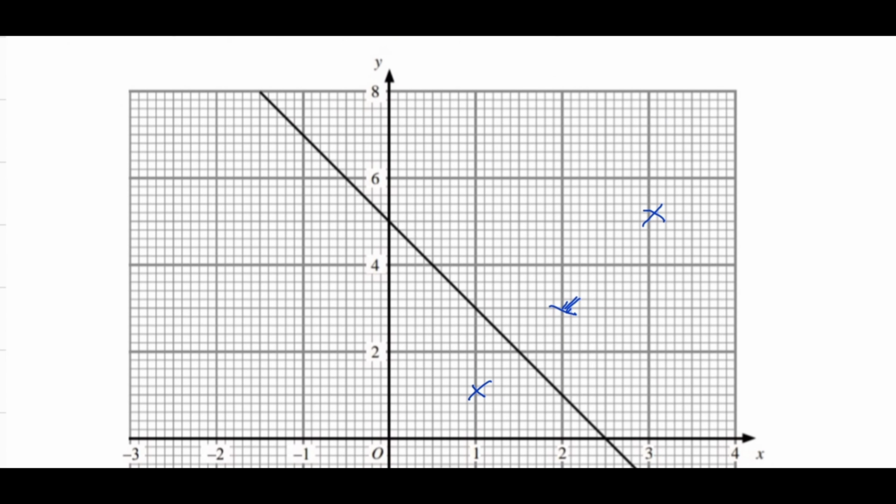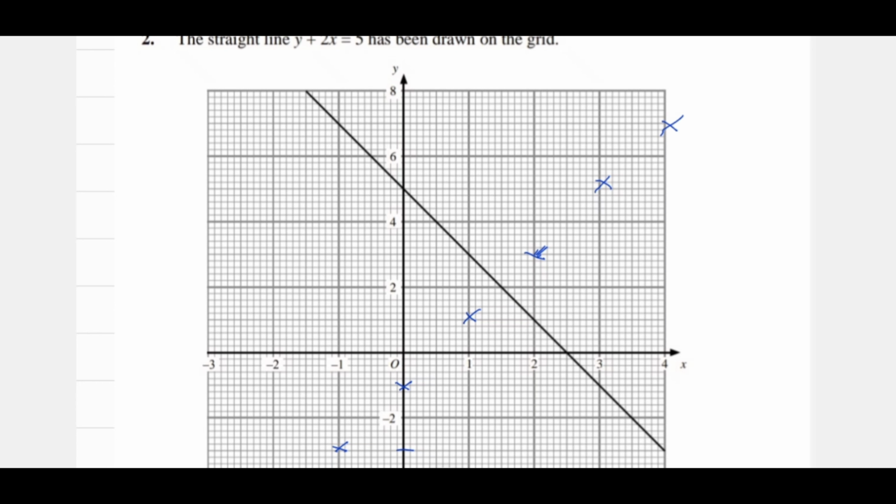And then you have your final 2 points. And now you can see there's a positive correlation between the points.